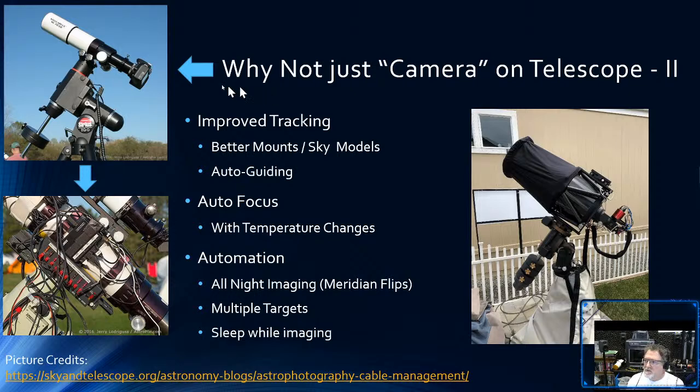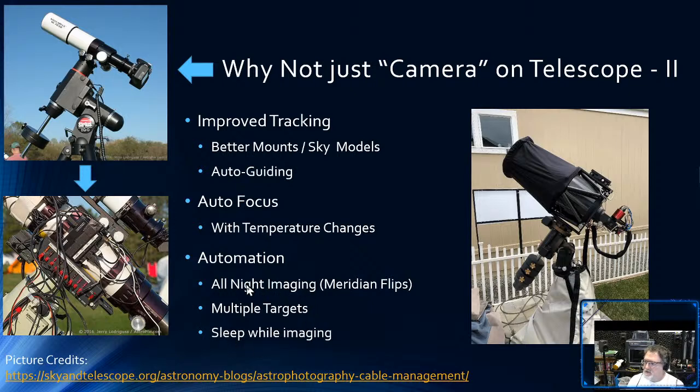But with autofocus, that all goes away and it's managed for you and can be adjusted. You can either figure out how your focus varies with temperature and just have it take care of that for you, or you could say, I want to autofocus every few minutes or every so many degrees of temperature change or with every filter change or what have you. So that's just part of this whole automation that we'll talk about next here, right?